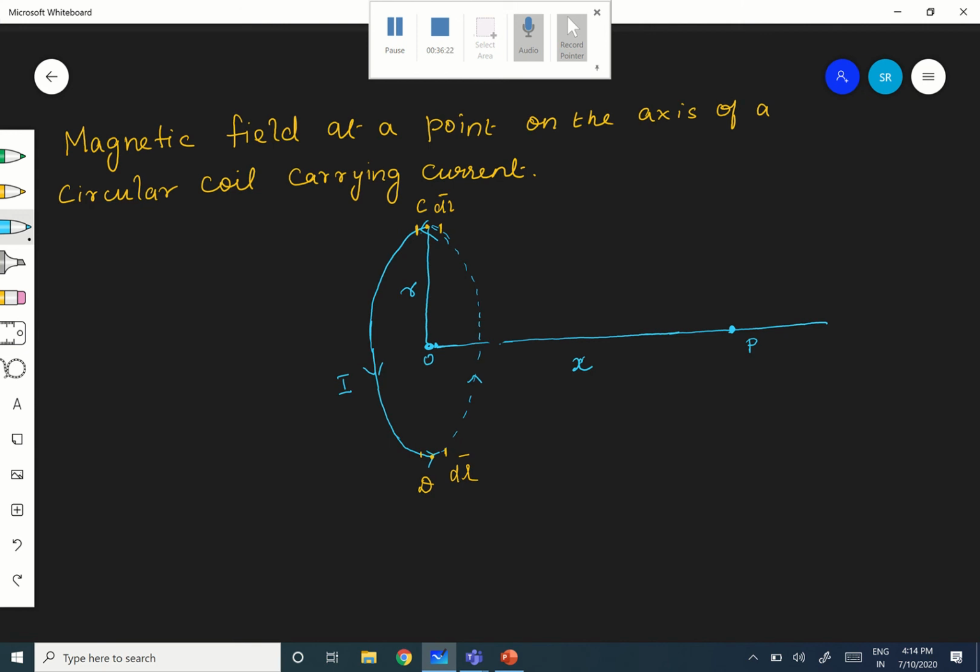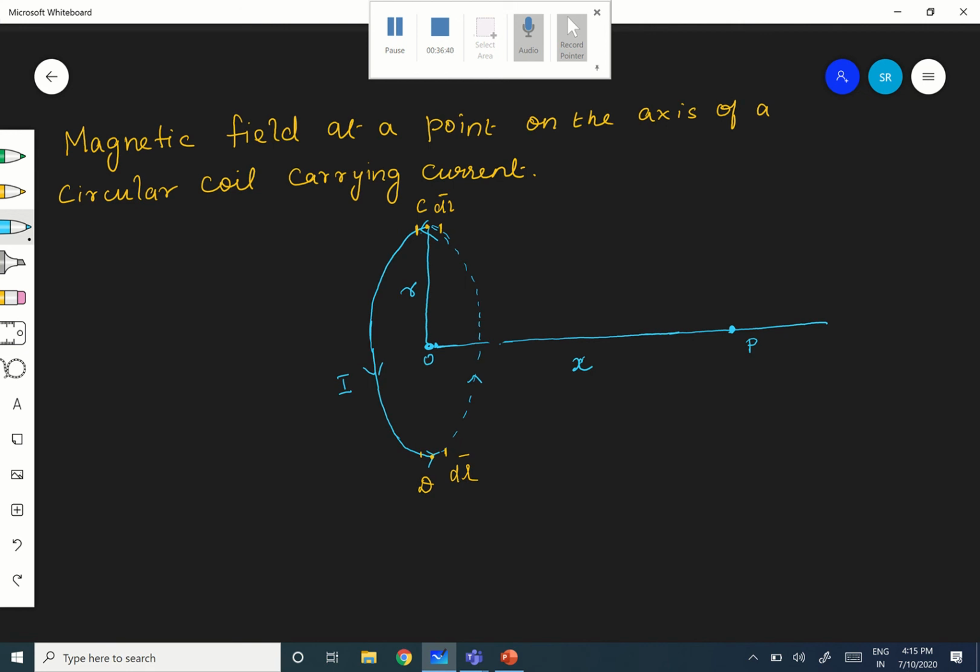Now let me first find out the field at P due to the current element at C. Are you following? The element is dL, and the current element is I dL, where I is the current.